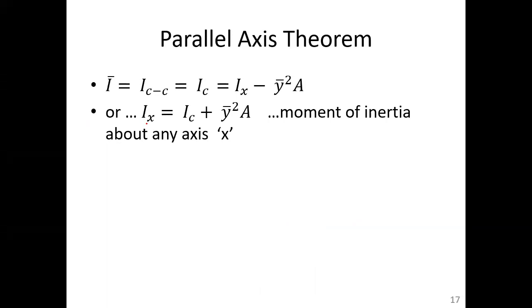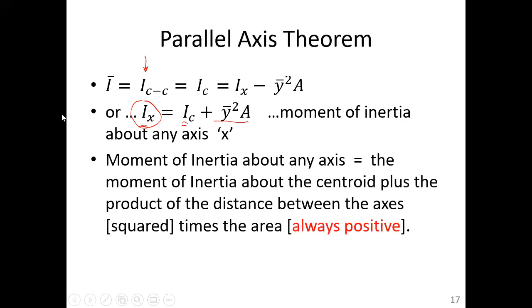And what that says now is that the moment of inertia about any arbitrary axis x is equal to the moment of inertia about the centroid plus y bar squared A. Okay, so just switched one term around, and before we were focusing on the centroid, now we're focusing on some arbitrary axis. This is what will help when we're doing engineering analyses, this kind of equation.